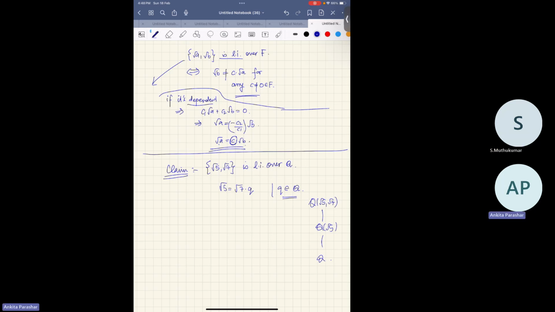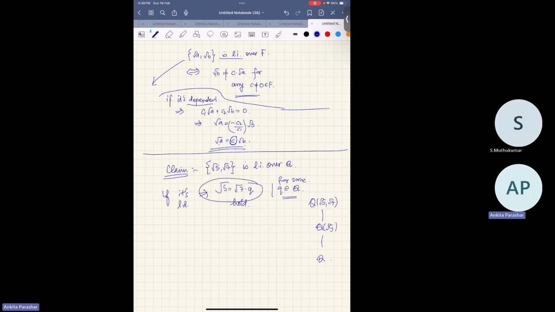In fact, I think I should write it in this way. If it is linearly dependent, then this should hold for some q.